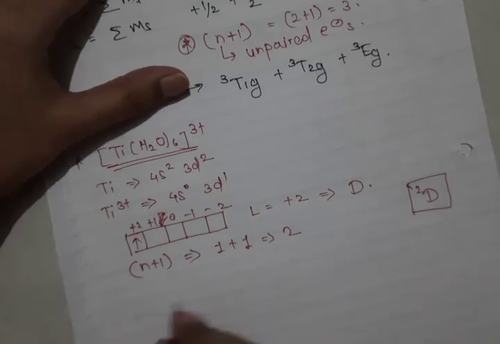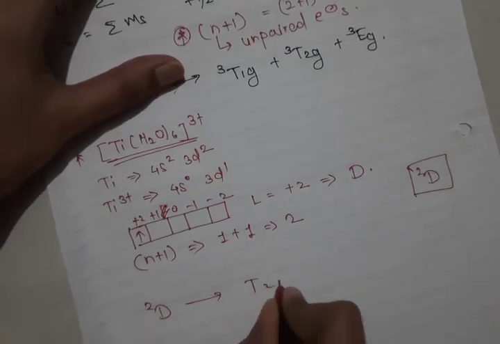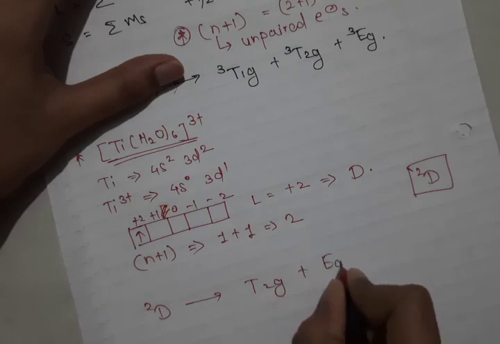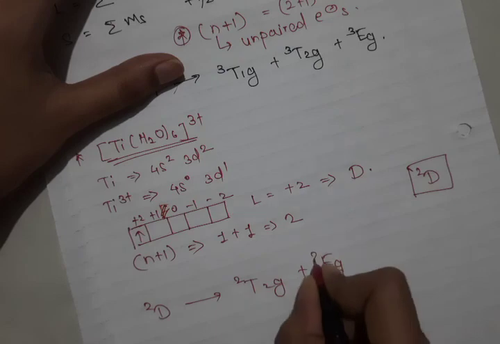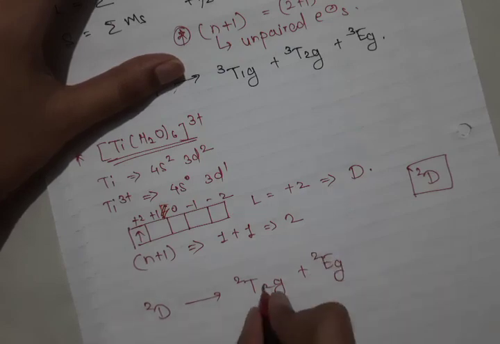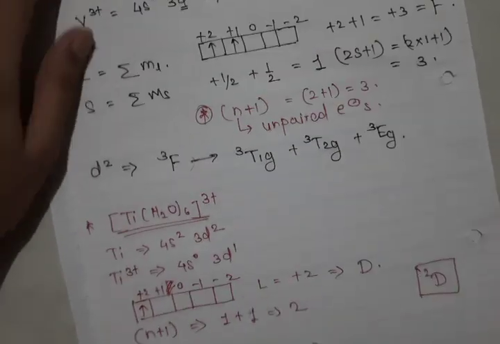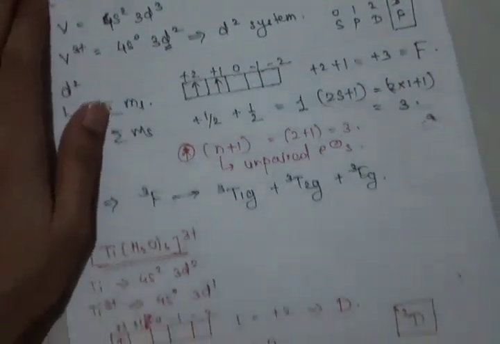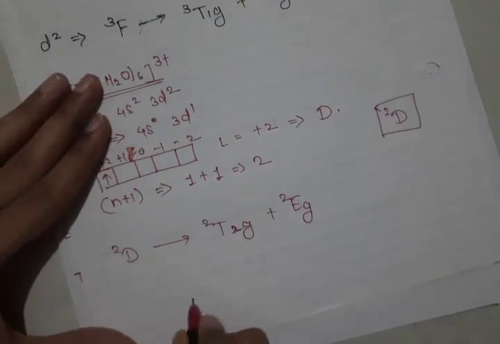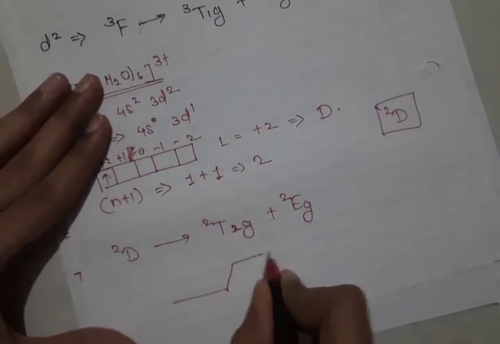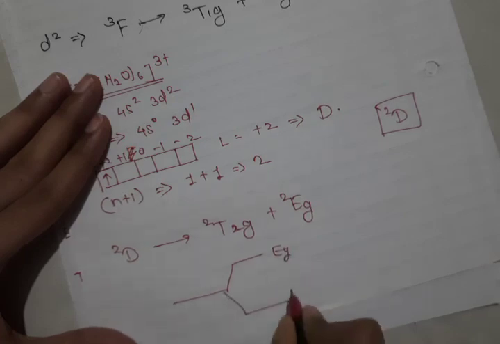And how does this term get split? This D2 term gets split into T2G plus EG, and the spin multiplicity is 2, so write it here. As this is the octahedral complex, this D term will split into EG and T2G.